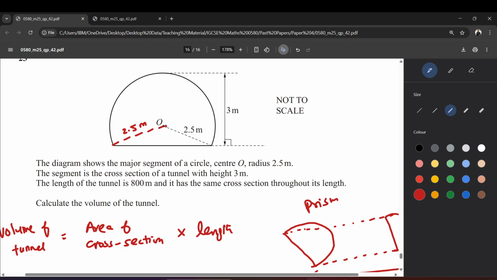Also, if I draw from this center to this circumference, we know that this is also 2.5 meters. So this height should be 0.5 meters, because the entire height is 3 meters, and if this part of the height is 2.5, then this should be 0.5 meters.